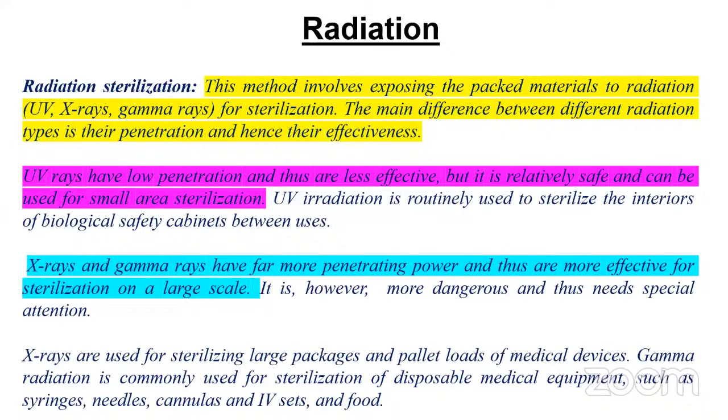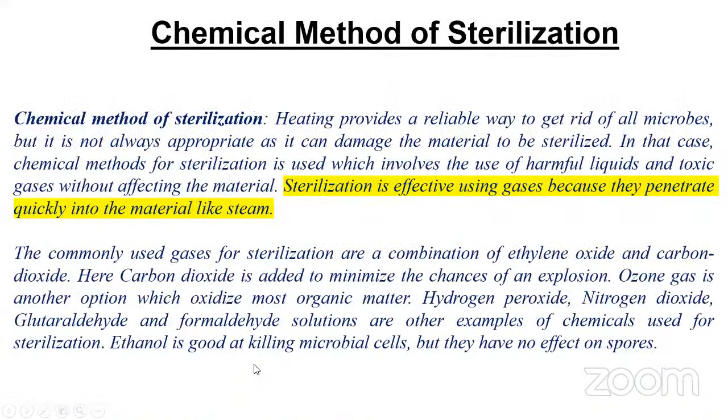That needle should not be used for another person, or if by chance it pricks somebody else, it might cause infection or contamination. So before discarding that needle or syringe to the outside environment, those needles or surgical equipment are sterilized through the radiation method, basically using X-rays and gamma radiation.